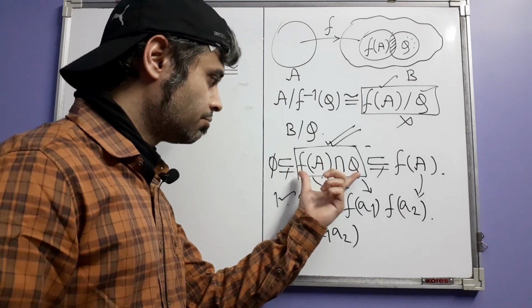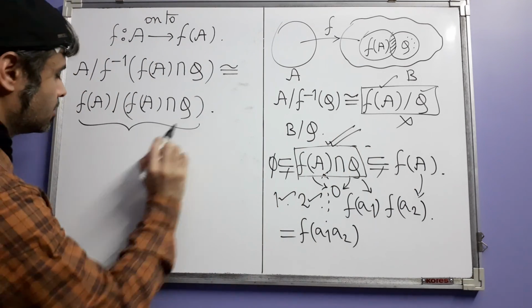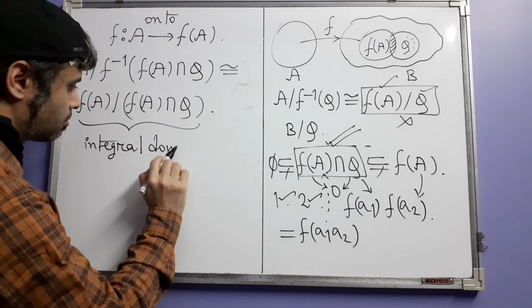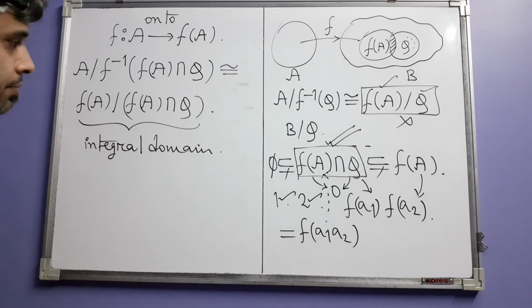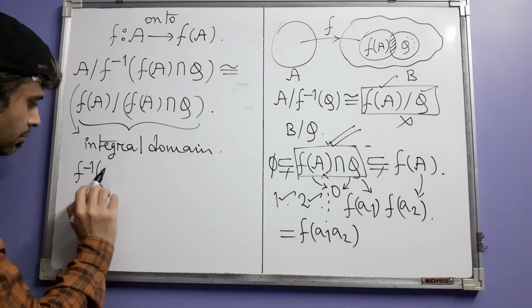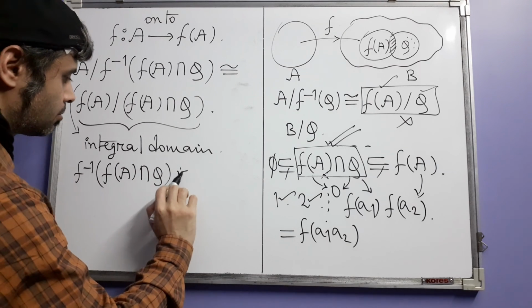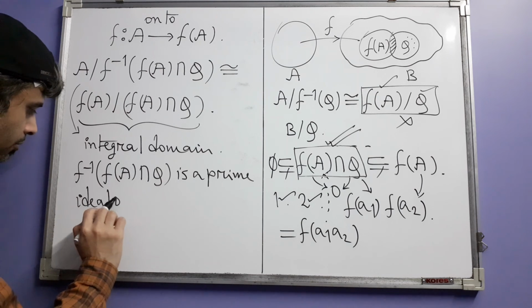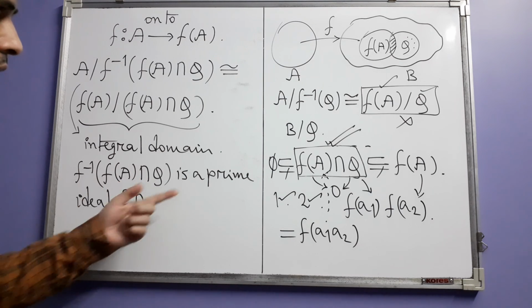Now, because we just proved that this is a prime ideal of f(A), this is an integral domain, and that's why the isomorphic ring will also be an integral domain, which in turn implies that this is a prime ideal of A. But we did not want this, we wanted this.